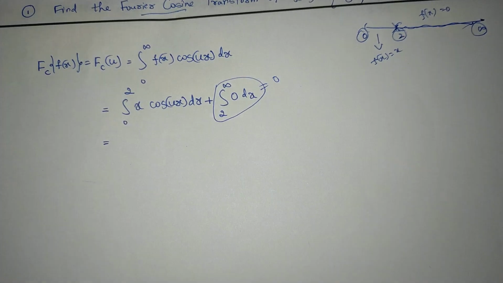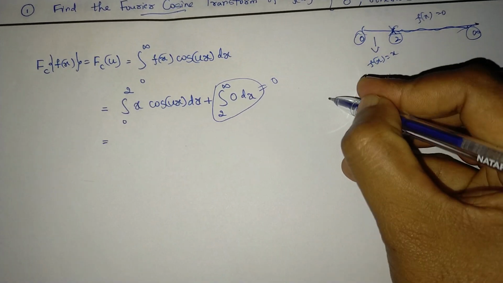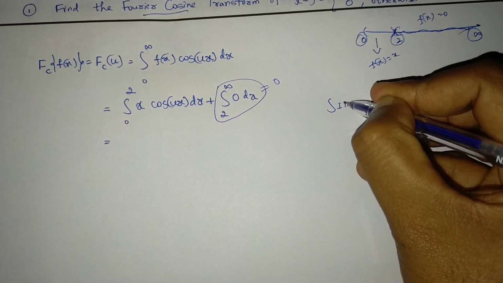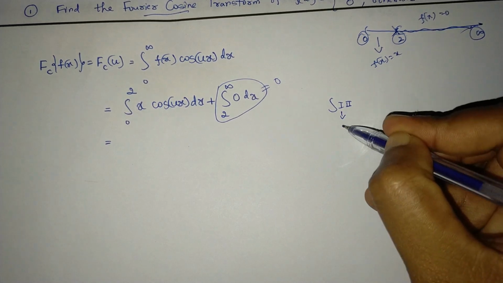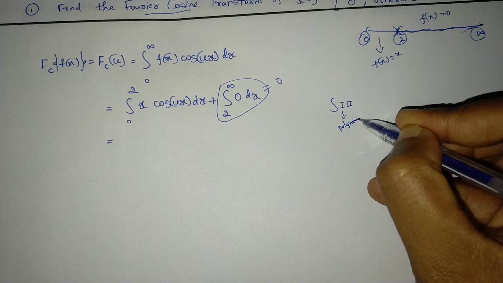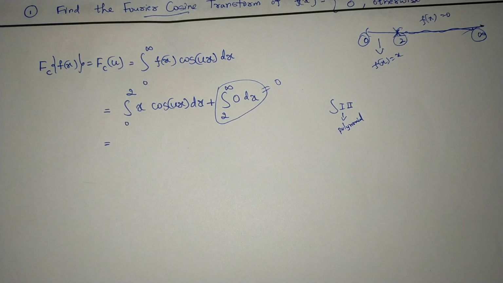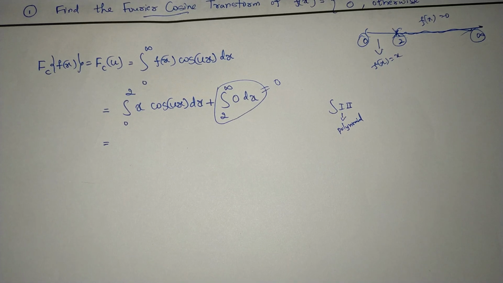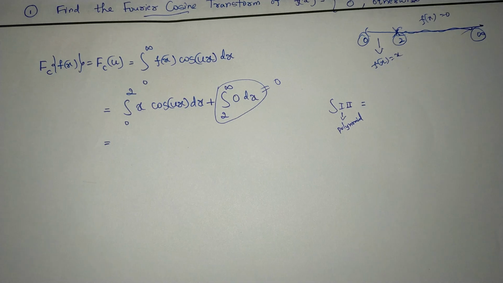Now how can we integrate this? We have to apply the Bernoulli rule. What the Bernoulli rule says: if you have the integration of a first function into a second function, the first function must necessarily be a polynomial in x, a term which becomes 0 after finitely many differentiations. Only then can we make use of the Bernoulli rule.